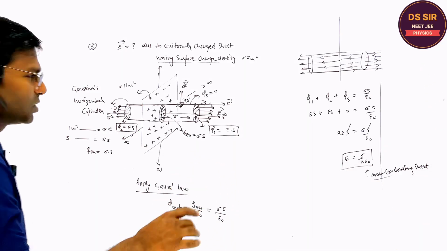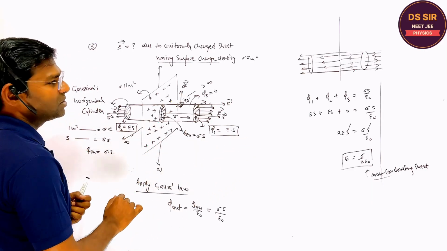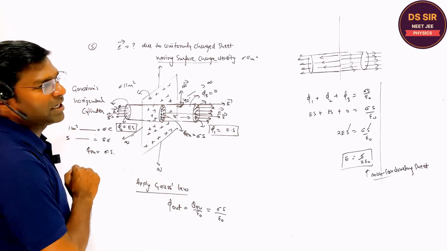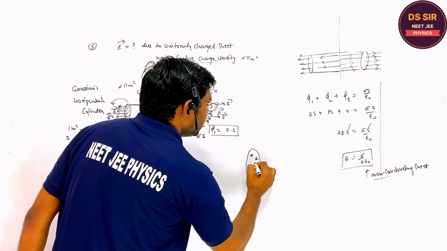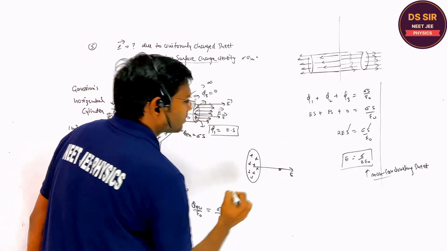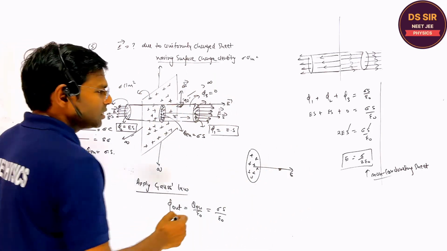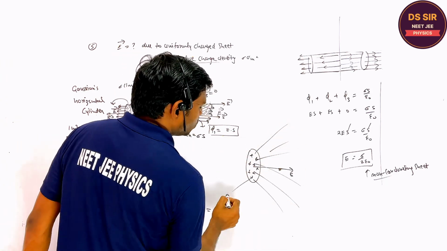I'm asking one question. This is an infinite charge distribution. This is a symmetric charge distribution, and we are able to find the electric field. But if only the disk is there, can you find the electric field over there? No, because the electric field is unsymmetric due to this.